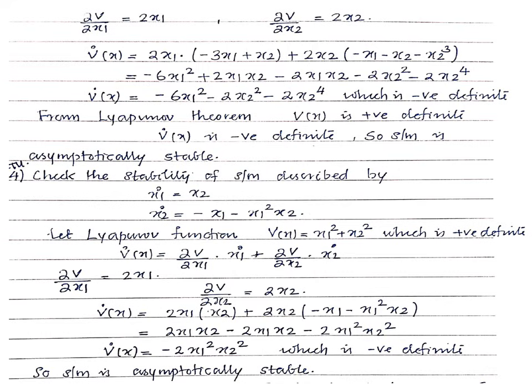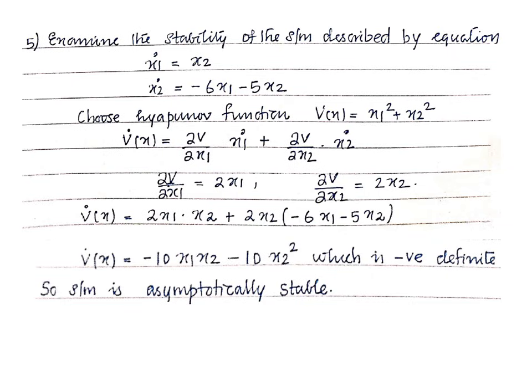So the system is asymptotically stable. The fifth question, go through this question. We get the V dot x equation: minus 10 x1 x2 minus 10 x2 square, which is always a negative definite function. So the system is asymptotically stable.